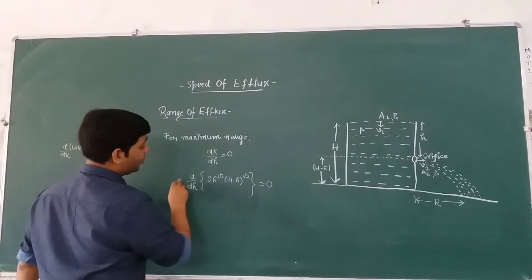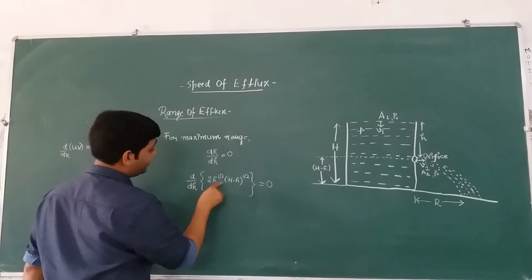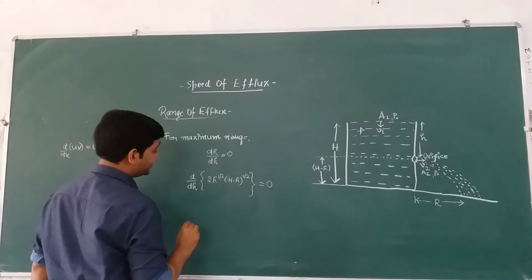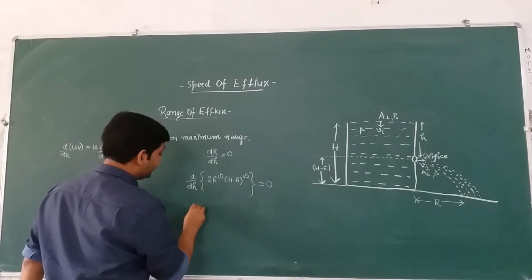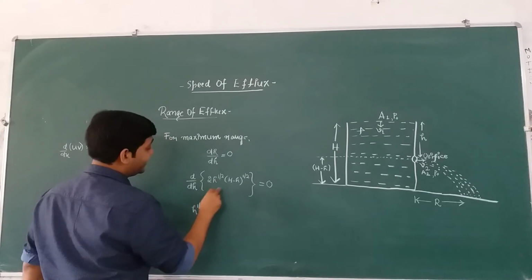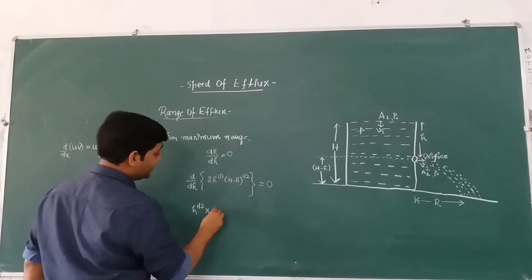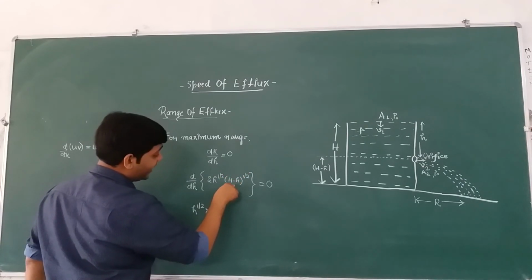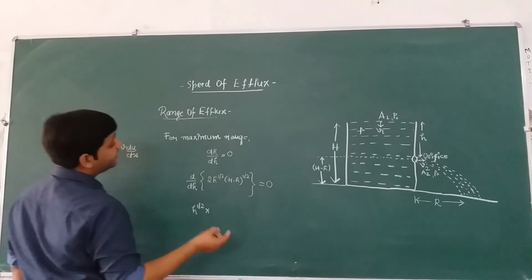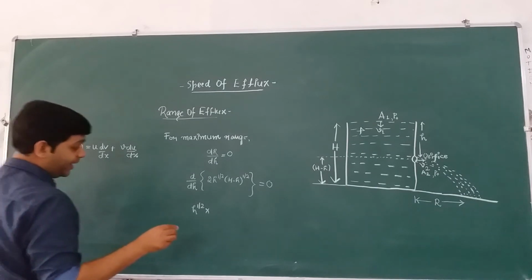This 2 is taken out common and it becomes 0. So now we are left only with these two products of functions, right? So first function into differentiation of second function, that means the differentiation of (H minus h) to the power half. So the differentiation will be of the form x to the power n. So d by dx of x to the power n is equal to n x to the power n minus 1.